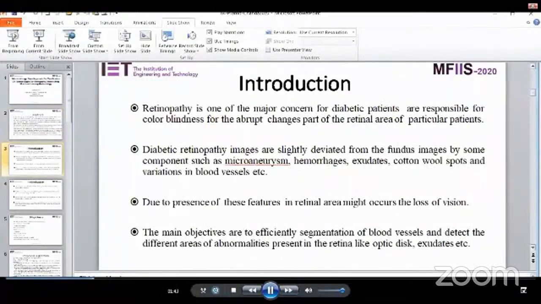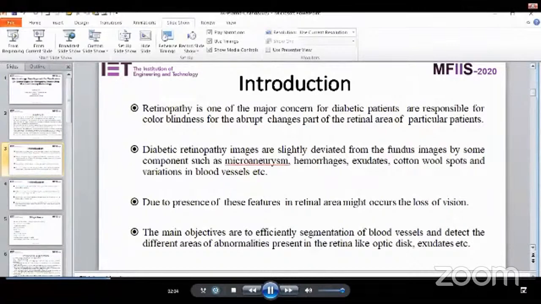Next, the introduction part. Retinopathy is a disease that is a major concern for diabetic patients and is responsible for color blindness. Also, these fundus images show sub-components like microaneurysms, hemorrhages, cotton spots, etc., present or not.